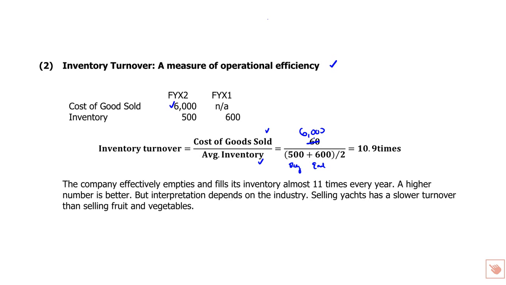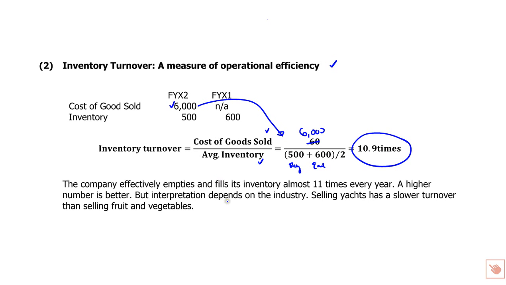So 6,000 over 550. Let me check my number there. 10.9. Okay. So you take the cost of goods sold, put it over the average inventory. This tells you you're emptying out your inventory 10, almost 11 times per year. Okay, so darn near monthly.